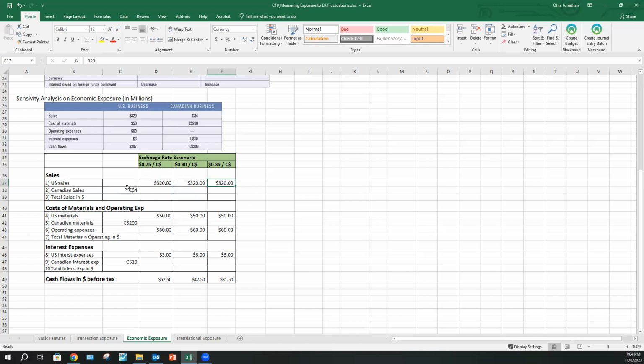The Canadian sales is given as 4 million Canadian dollars, so we have to convert that. 0.75 to US dollar times 4 million is 3 million. Under the next one, 0.80 times 4 million is 3.2 million. This one is 0.85 times 4 million.